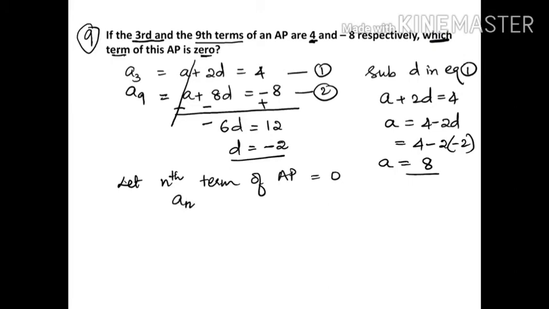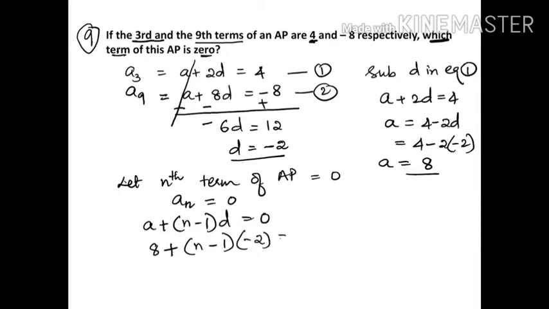So nth term is written as an. So an is equal to 0. Substituting the formula for the nth term, a + (n - 1)d is equal to 0. So 8 + (n - 1) times minus 2 is equal to 0. (n - 1) times minus 2 is equal to minus 8, carrying 8 to the right side.